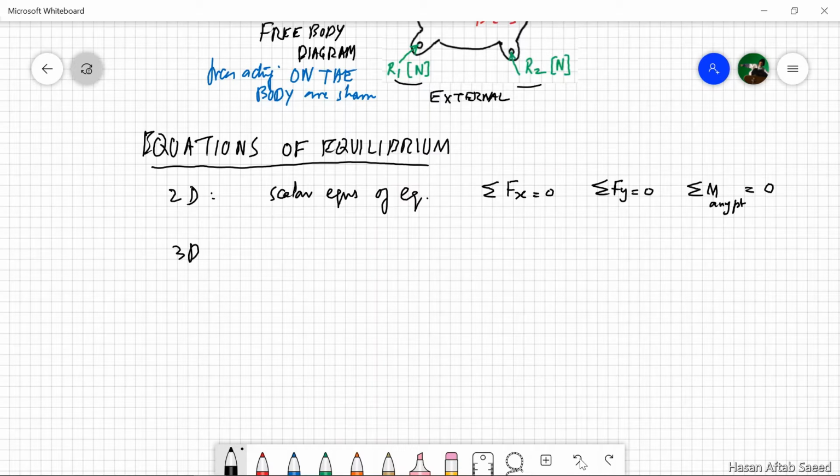In 3D problems, there are 6 scalar equations that can be used, but it is much more convenient to use the 2 vector equations. Namely, summation of force here and summation of moment about any point.